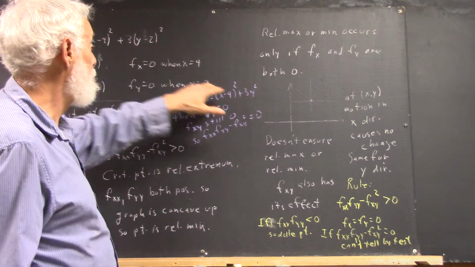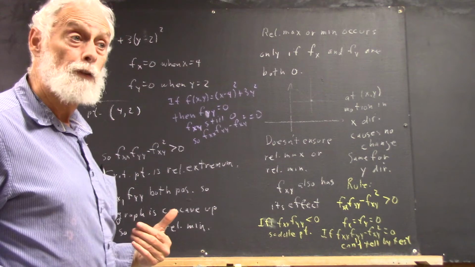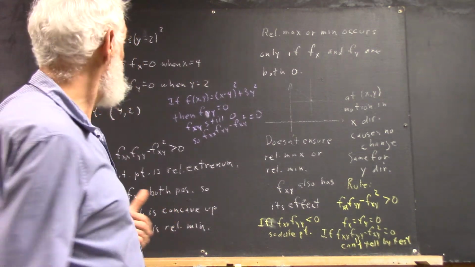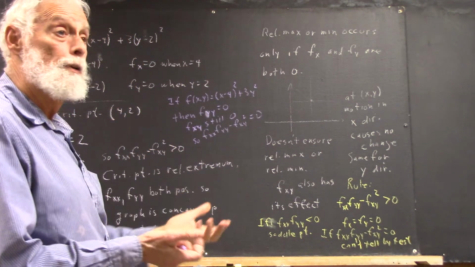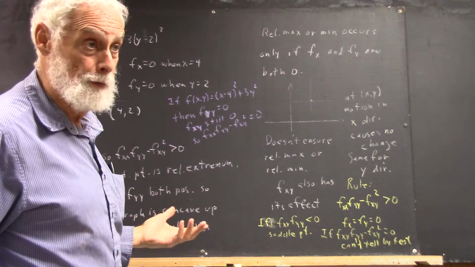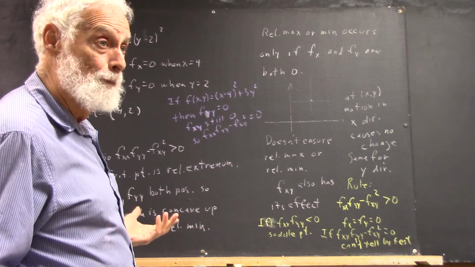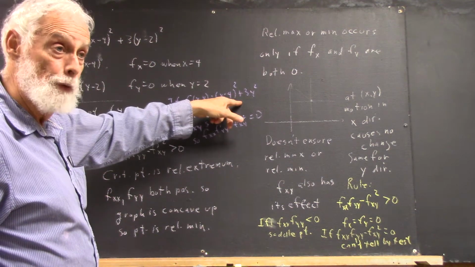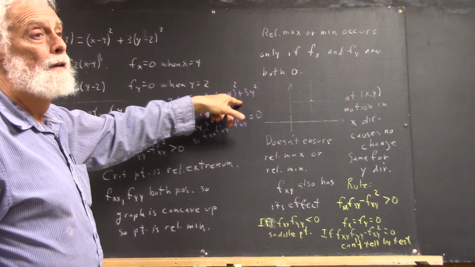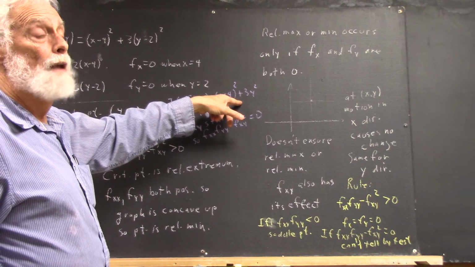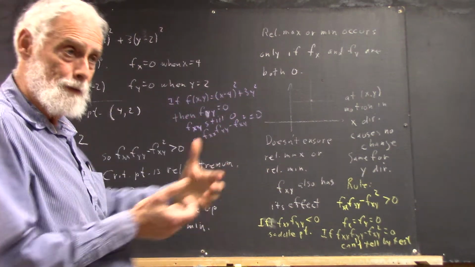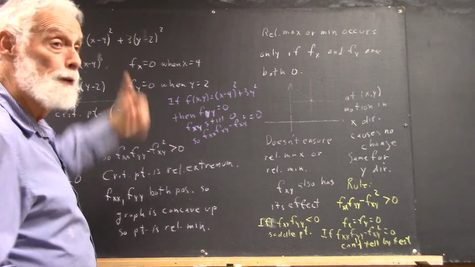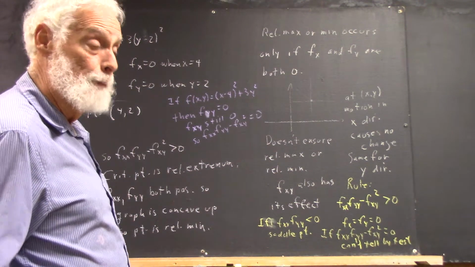Well, and from here to here, you're translating -2 units in the y direction, which just translates the location of the minimum to a point on the y-axis. Okay? So clearly, if I'd continued with this, it would have had a minimum just at the coordinate 4, 0. Okay? By the translation.